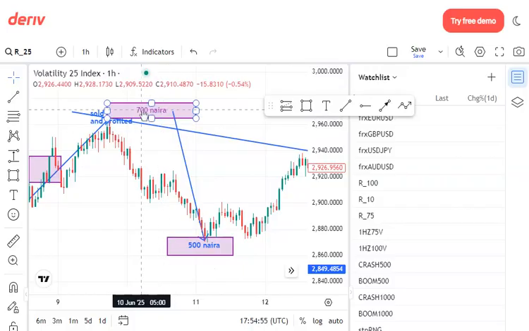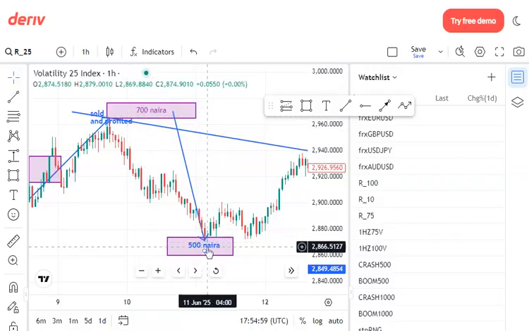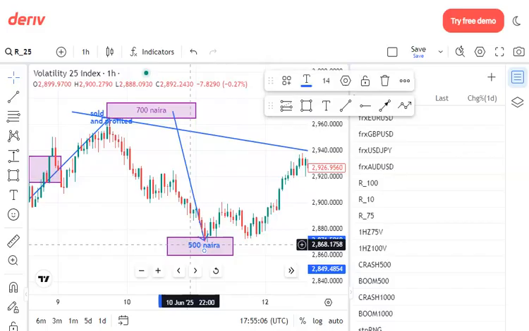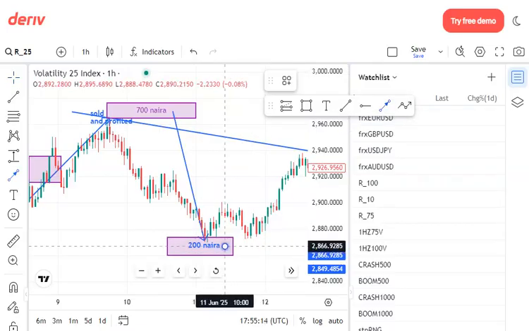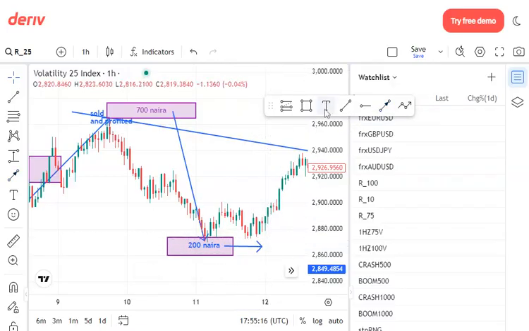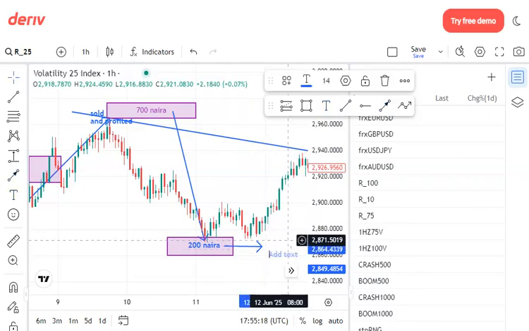Since you sold it and you bought it again, you made a profit. Let's say this is just 200 naira. Since it went down, you profited 500 naira.